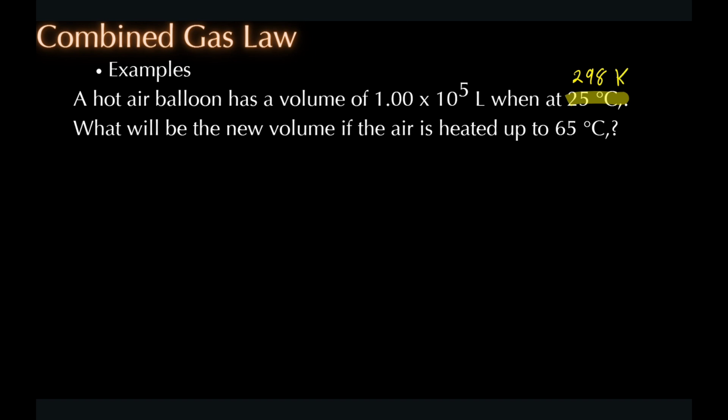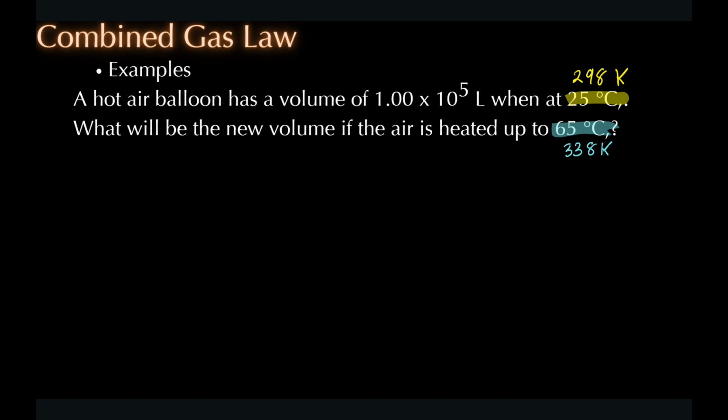If I take a look at our 65 degrees Celsius and convert this over, this will give us 338 Kelvin. Now, this one is pretty straightforward. We are only dealing with our volume and our temperature, so we get to ignore all of the other variables.